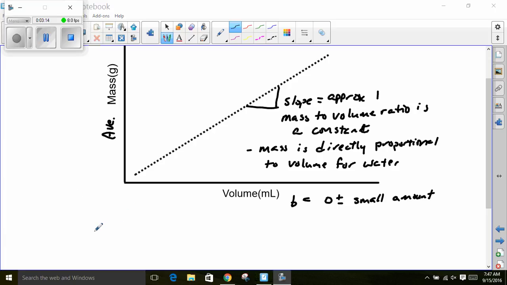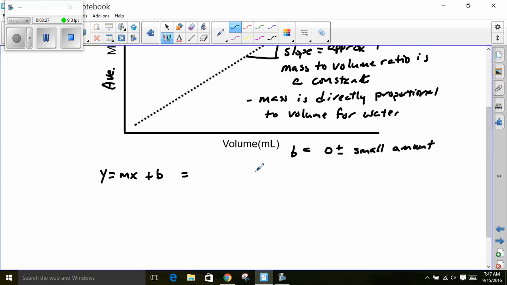So your overall equation for the line in the form y equals mx plus b is equal to the following. First of all, y is mass. So we're going to use the symbol m for mass instead of y. x is equal to volume, so we're going to use the symbol V for volume.